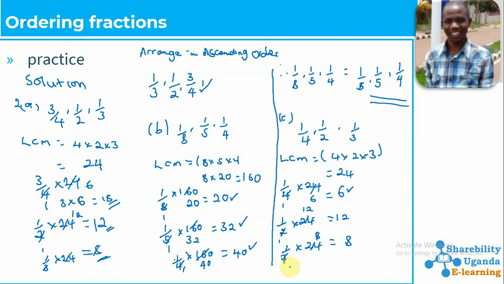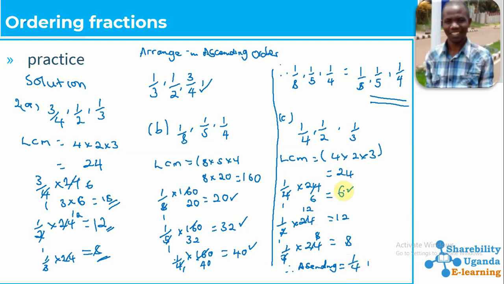So therefore our answer in ascending order, starting from the smallest to the biggest, we have 6, we have 12, we have 8. So our 6 is going to come first, which is 1 out of 4.